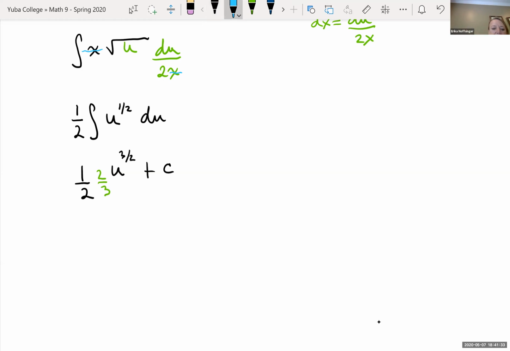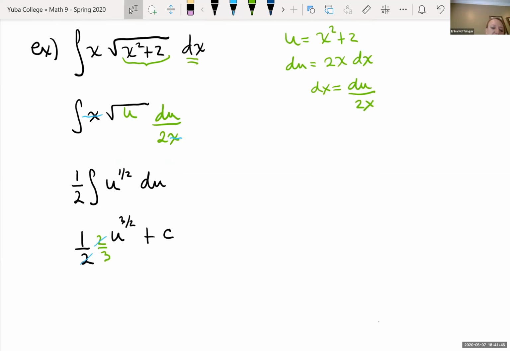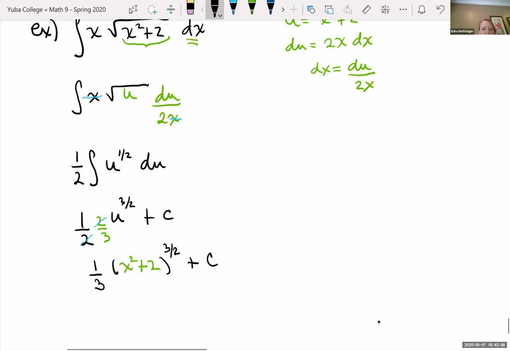So this simplifies a little bit, those 2's cancel. And our original problem was in terms of x and not u, so we need to go back and rewrite what we had chosen u to be. We had chosen u to be x squared plus 2. So we're left with a coefficient of 1/3, parentheses, replace u with x squared plus 2, raised to the 3/2 power plus c. Because my original integrand had a radical, I would rewrite this with a radical.